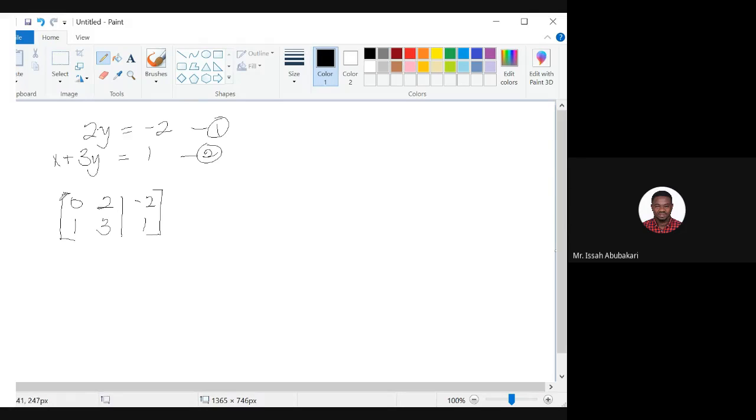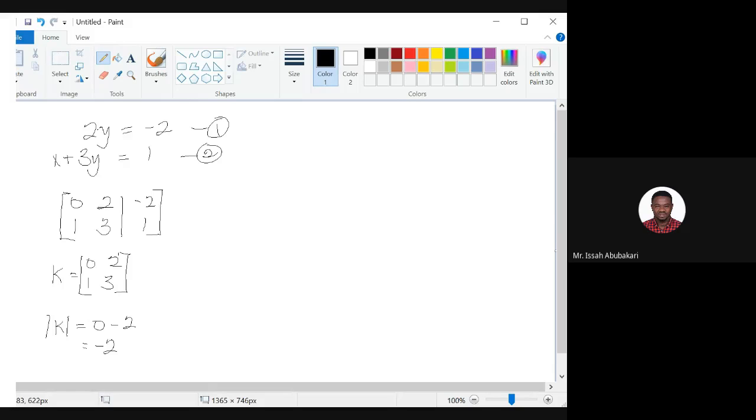Let's label it K, which is 0, 2, 1, 3. The determinant of K is 0 times 3 is 0, minus 1 times 2, which is 2. And our determinant is minus 2.